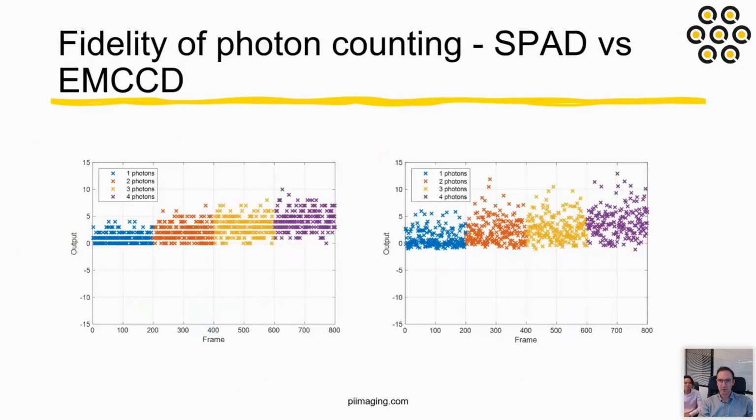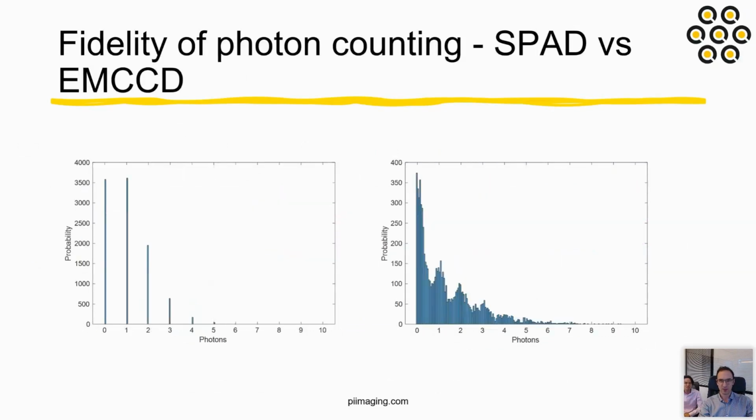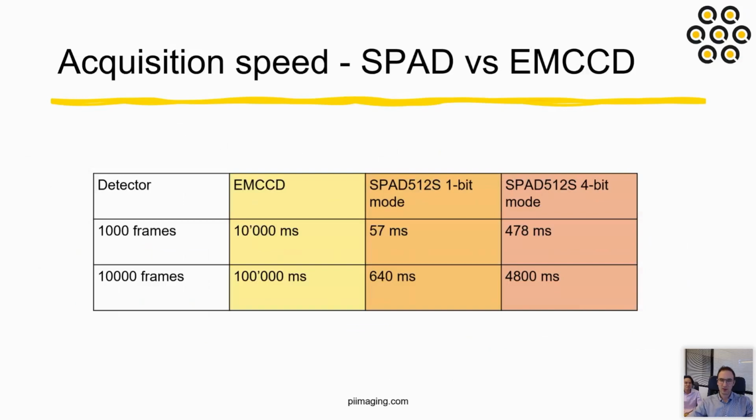To really quantify, again, why SPADs are ideal, because of the fidelity of photon counting, as mentioned before. But it's not only that, it's also about the acquisition speed. And here we have an example of different detectors and how long it would take them to read out 1,000 and 10,000 frames at a given SPAD 5 square resolution.